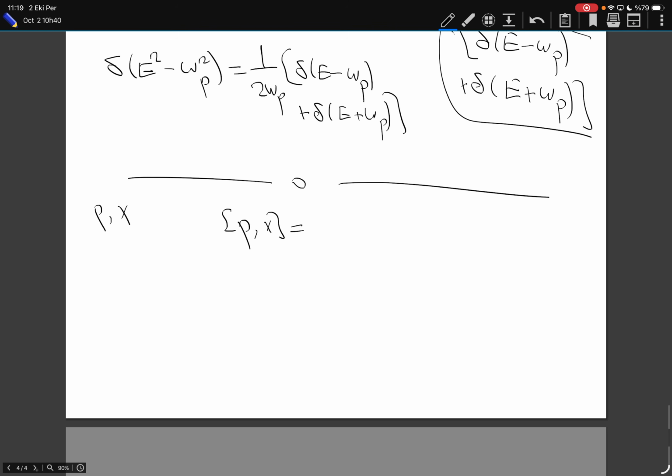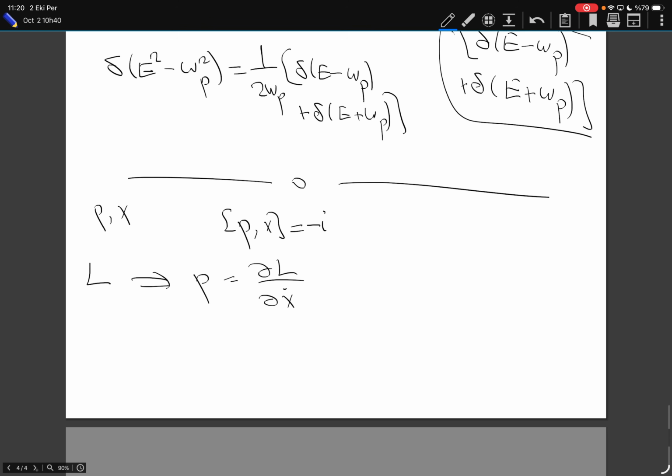Okay, this one is minus i. How do we define these x and the momentum? Well, if we know the Lagrangian, and we will be playing with the Lagrangian most of the time, then the momentum will be just the derivative of the Lagrangian with respect to x dot.